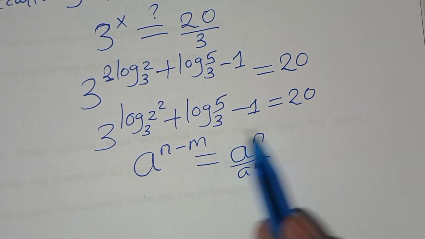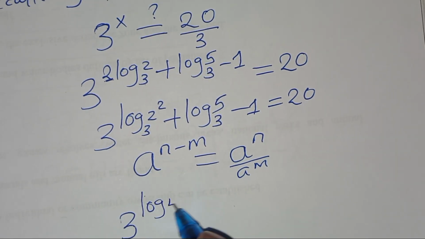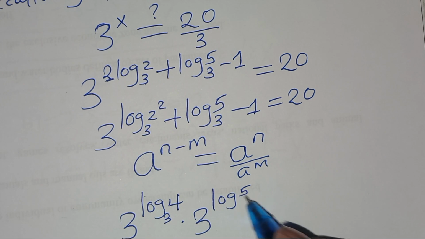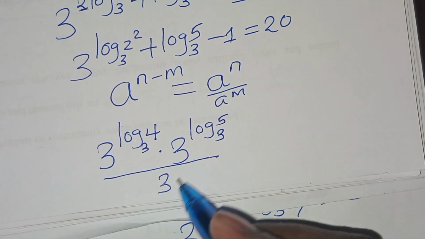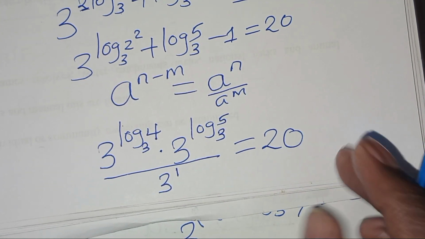So applying this exponent property, then we'll have 3 to the power log 2 squared, which is actually equal to 4 to base 3, multiplying by 3 to the power log 5 to base 3, divided by 3 to the power 1. Then this is supposed to give us a value of 20.